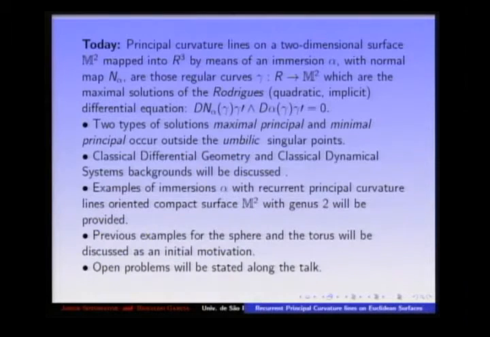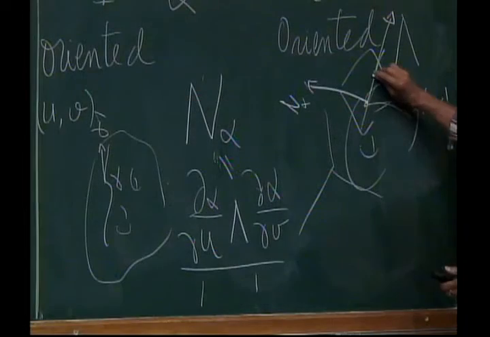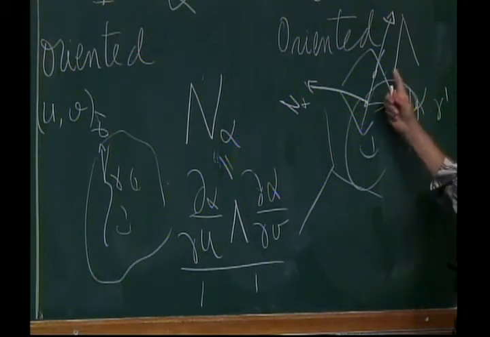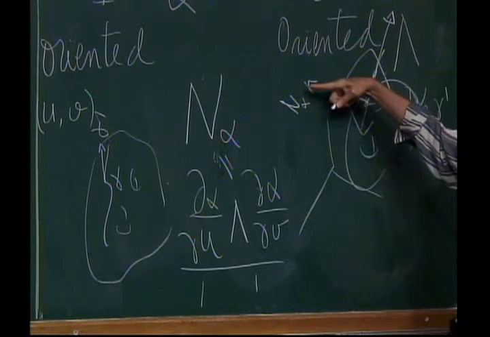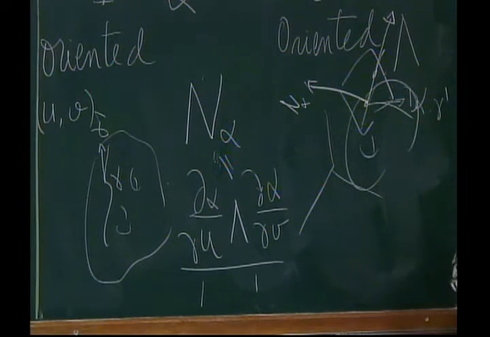So you have here a curve, and here you have the derivative of alpha at gamma prime. The equation means that these two vectors are collinear. That means that the wedge product of this and this, which is orthogonal to this vector, is 0.